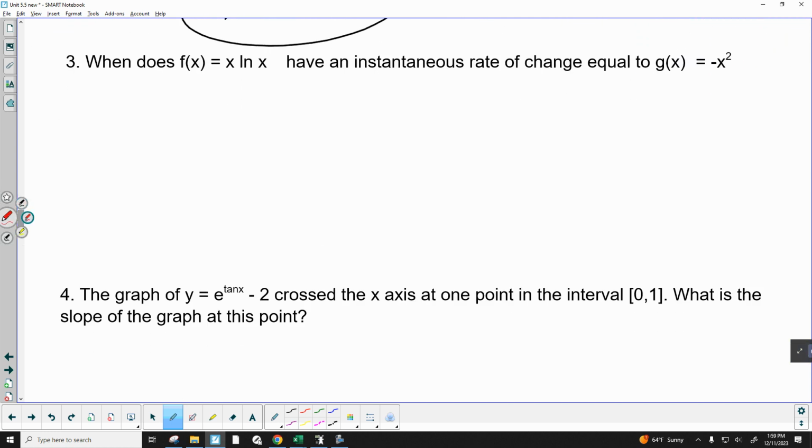Do number 3. 0.232 is the answer. See if you can get that.